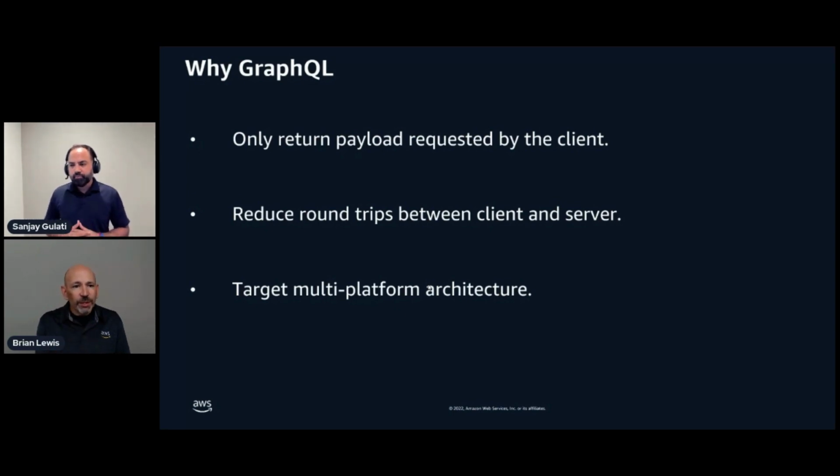Now, there were some other interesting things here from the perspective of the client, right? If I own the client, GraphQL was kind of nice. There are other things we've talked about, API Gateway versus AppSync, the AWS services, right?